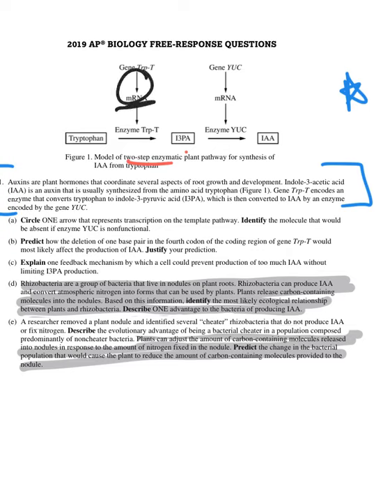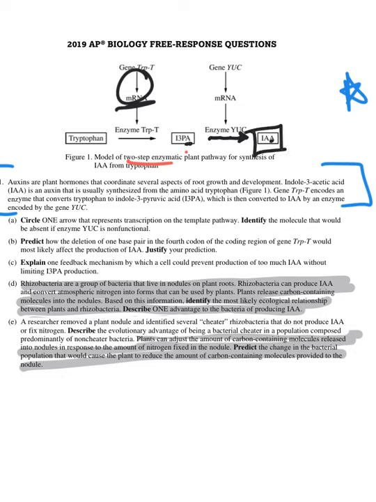So this would be my transcription. That's just a content piece. Again, you're probably not going to need to know the molecule that would be absent if enzyme YUC is non-functional. Well, if YUC doesn't work, where is it? It's right here. Enzyme YUC is necessary to make I3PA, ultimately making IAA.